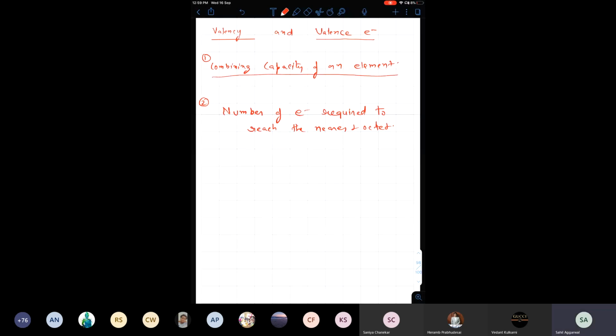Combining capacity of an element, number of bonds formed by an element. These can be the valency.